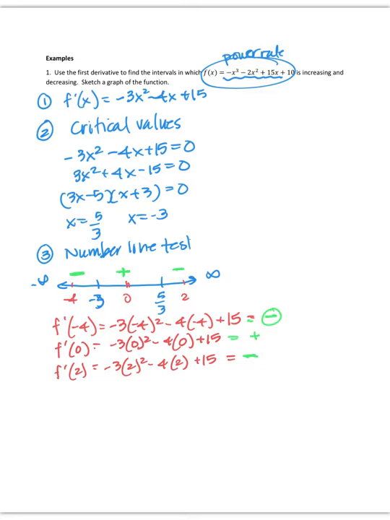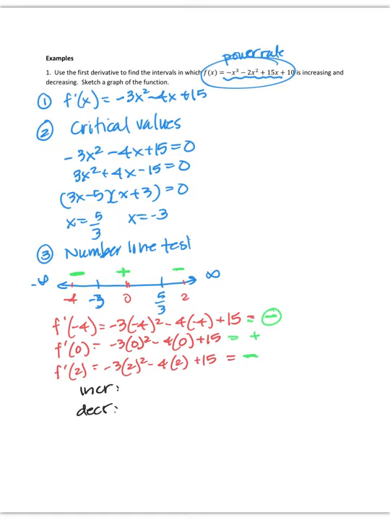Because again, you're going to have your critical values and you want to decide whether it's increasing or decreasing on either of those sides. So what we're going to do is identify, in a little bit more math notation, where we have increasing and where we have decreasing.